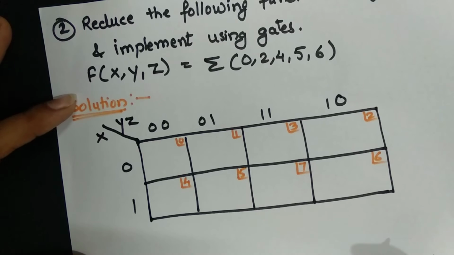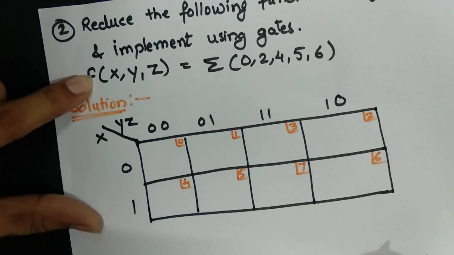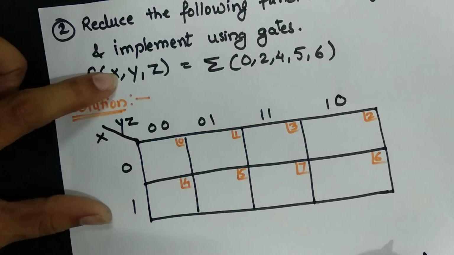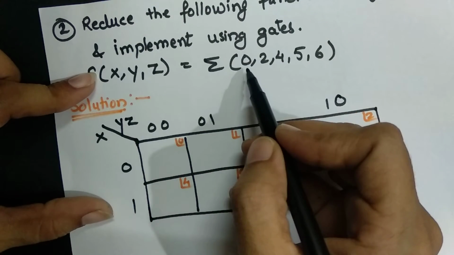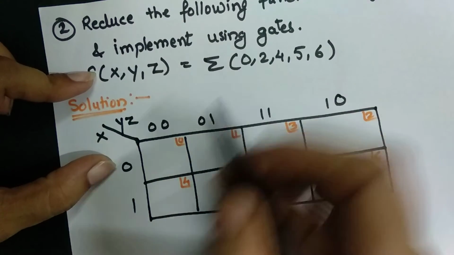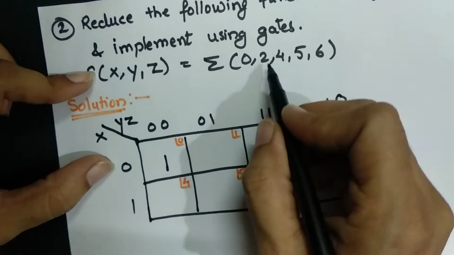Now what I have to find out is, I have to implement this equation. f of x, y, z. So here the first term is 0, so put it as 1.